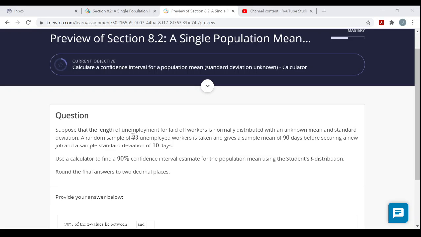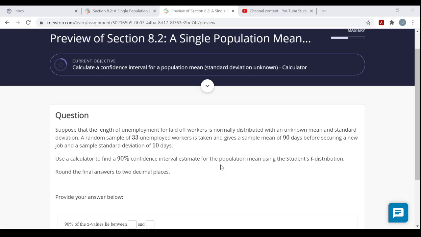So n is 33, x bar, the sample mean, is 90, and s, the sample standard deviation, is 10. Use a calculator to find a 90% confidence interval estimate for the population mean.